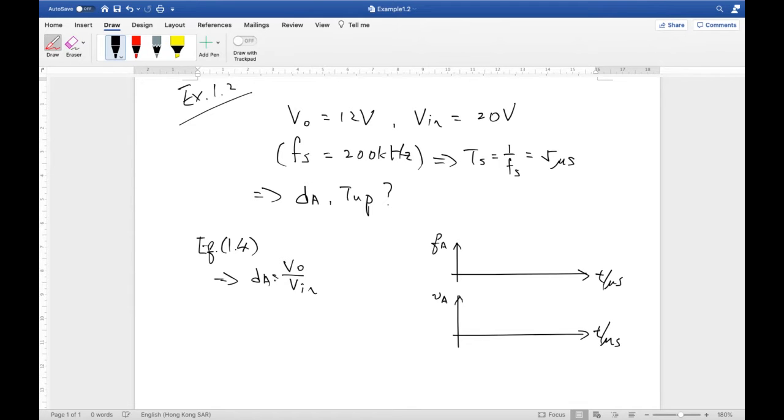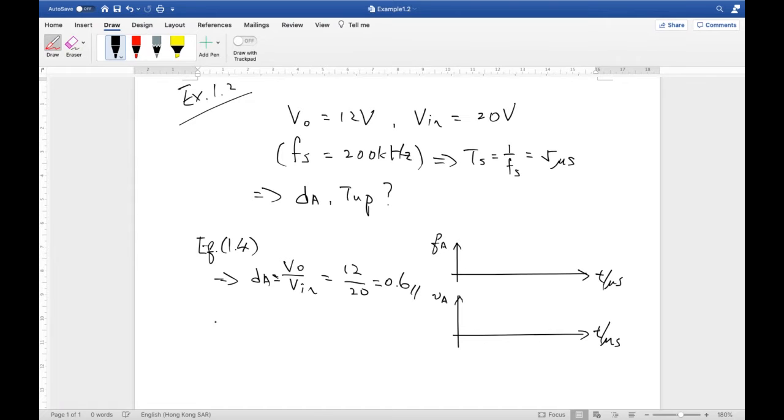Later, in topic 3, you will know how it comes. Actually, I have told you how it comes before, but later it will be in detail. Then substitute the parameters in. This is 12, and this is 20, and this is equal to 0.6.